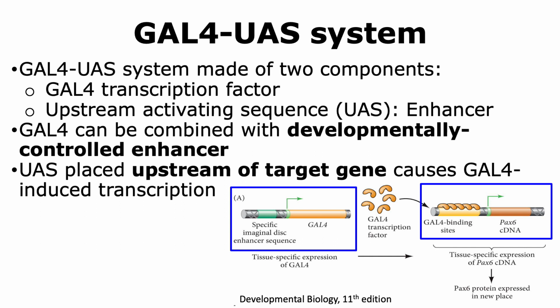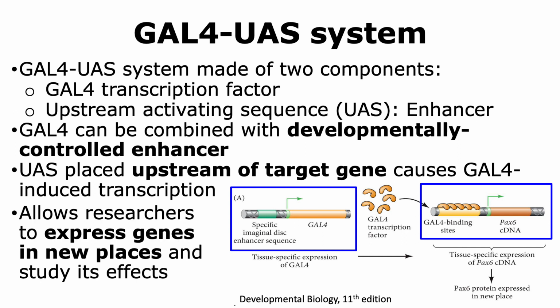The UAS sequence acts as an enhancer, and it requires the presence of Gal4 in order to cause the transcription of the target gene, which is the PAX6 cDNA. The Gal4-UAS system is used as a powerful tool because it allows researchers to express genes in new places and observe what happens to those new places during development.